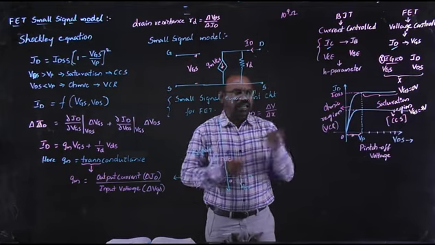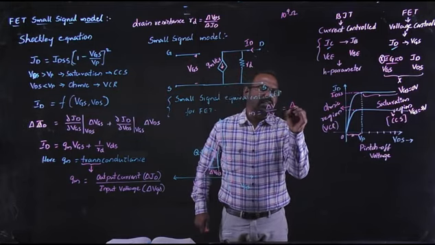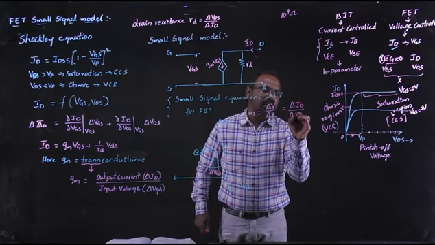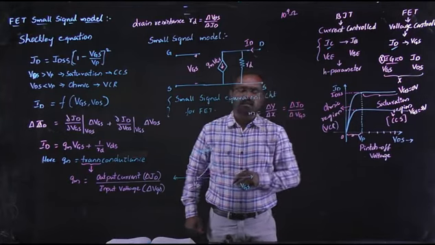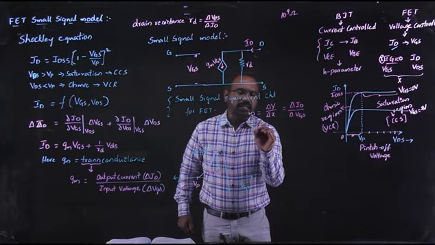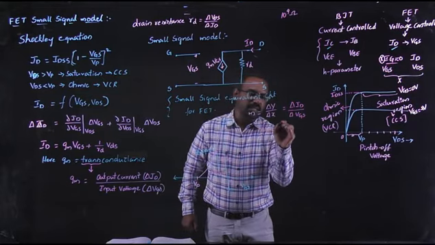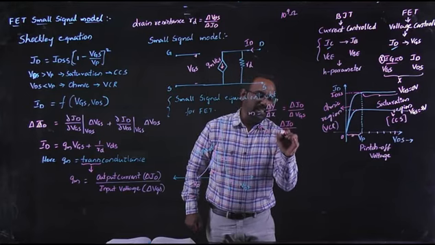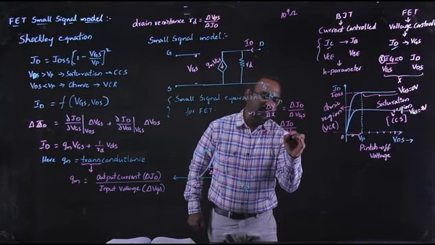So here I can simply write delta ID divided by delta VGS. That is nothing but the transconductance gm. This is how we calculate the transconductance from the graphical analysis, from the graph.